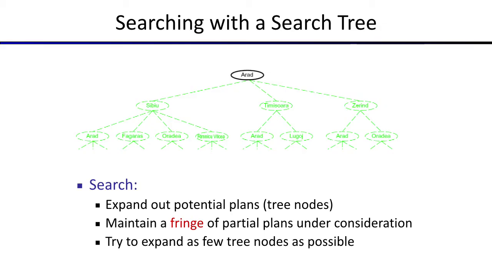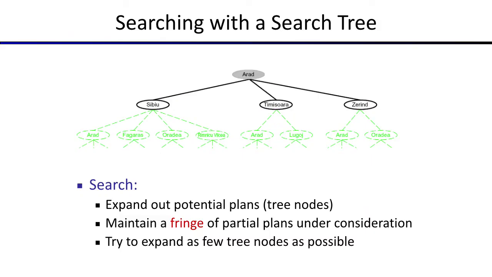So the general idea of one of these algorithms is to expand out potential paths, potential plans, which are the tree nodes, and maintain a fringe, a list of the partial plans under consideration. Remember that since this is a search tree, we're not just keeping track of which state we're at.